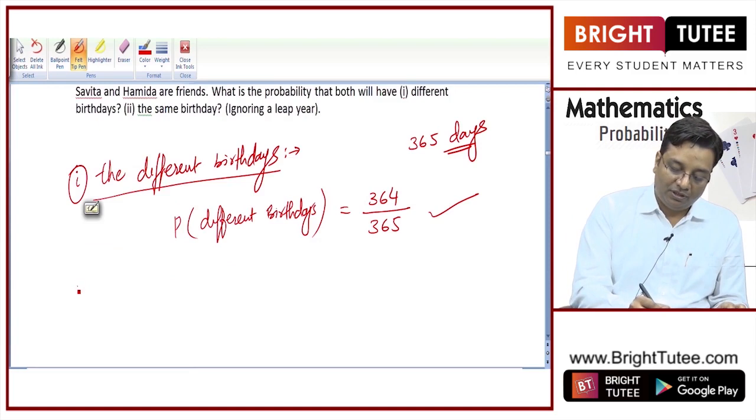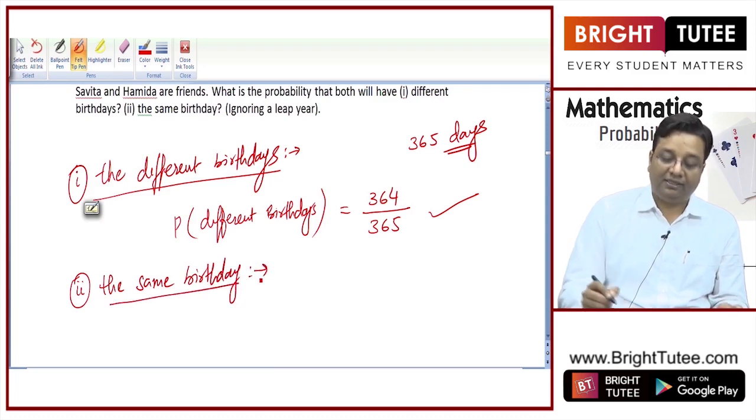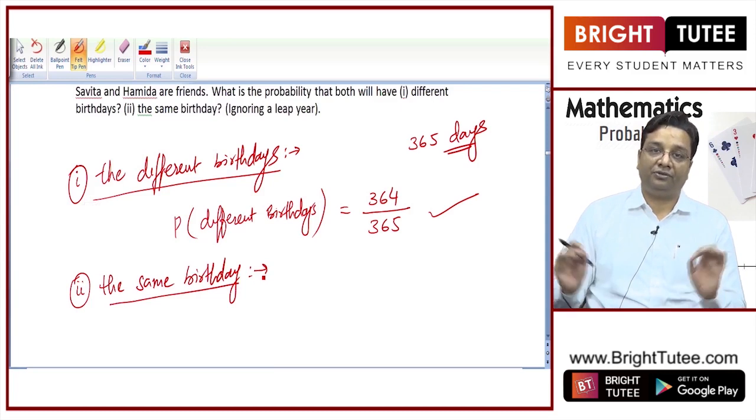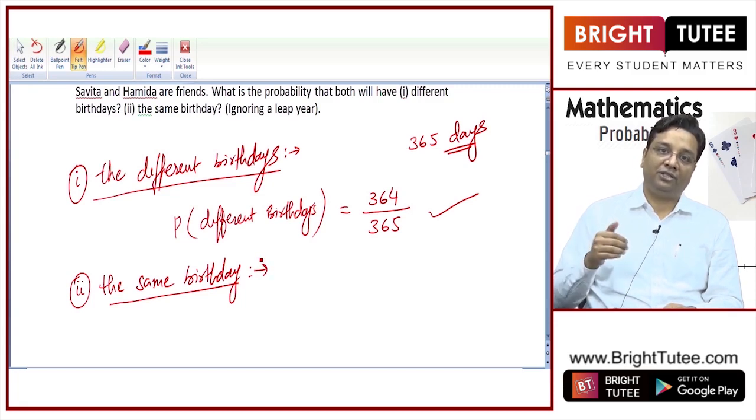Now, let us talk about having the same birthday. Let us say Savita has her birthday on January 1st. So, we are calculating the probability that Hamida also has her birthday on January 1st.